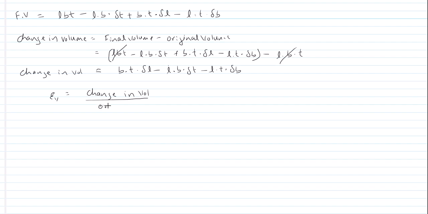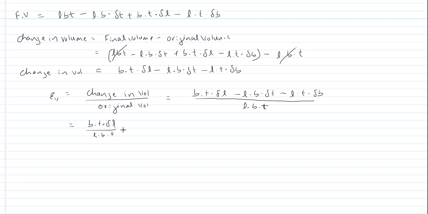So volumetric strain equals change in volume divided by original volume. If I substitute that here, this is the change in volume, and original volume is nothing but L, B and T. Now if I simplify, this LBT will divide all three terms in the numerator: BT times delta L divided by LBT, minus the middle term over LBT, and the third term LT times delta B by LBT.